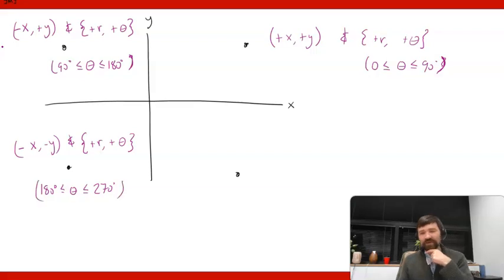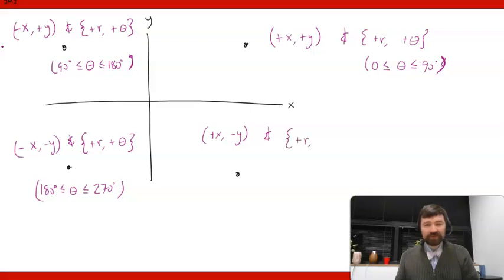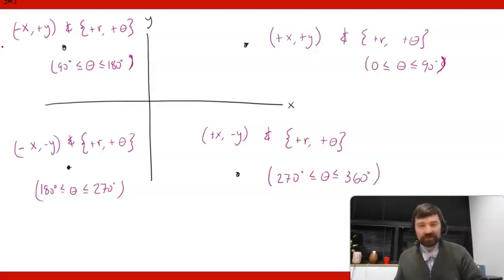And this quadrant right here would represent plus x, comma, minus y. And again, we could do plus r, comma, plus theta, where again, theta has a value between 270 degrees and 360 degrees. Okay, and that's it.